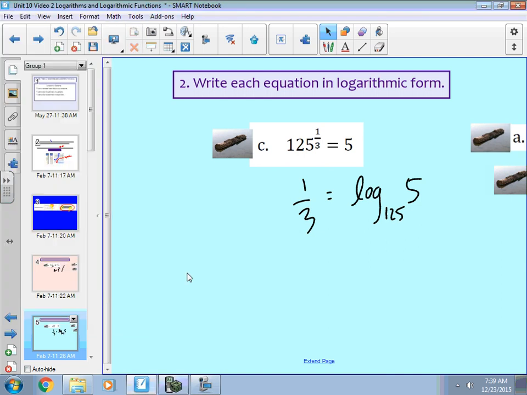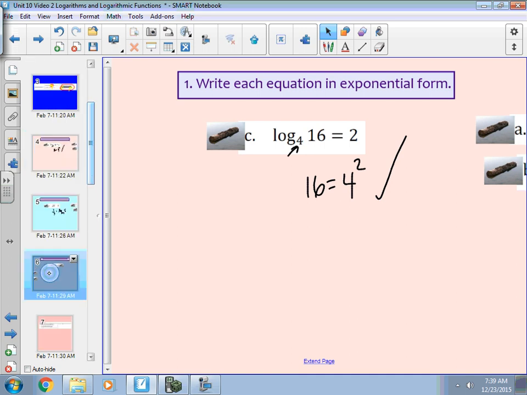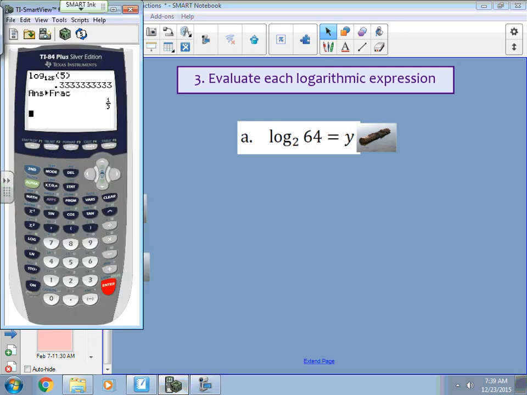Okay, so these next problems, they do want us to now evaluate and see what this is equal to. So for A here, they want us to know what is log base 2 of 64 equal to. Well, how you can do that on this problem is one, use your calculator. So we could do the same thing we just did.